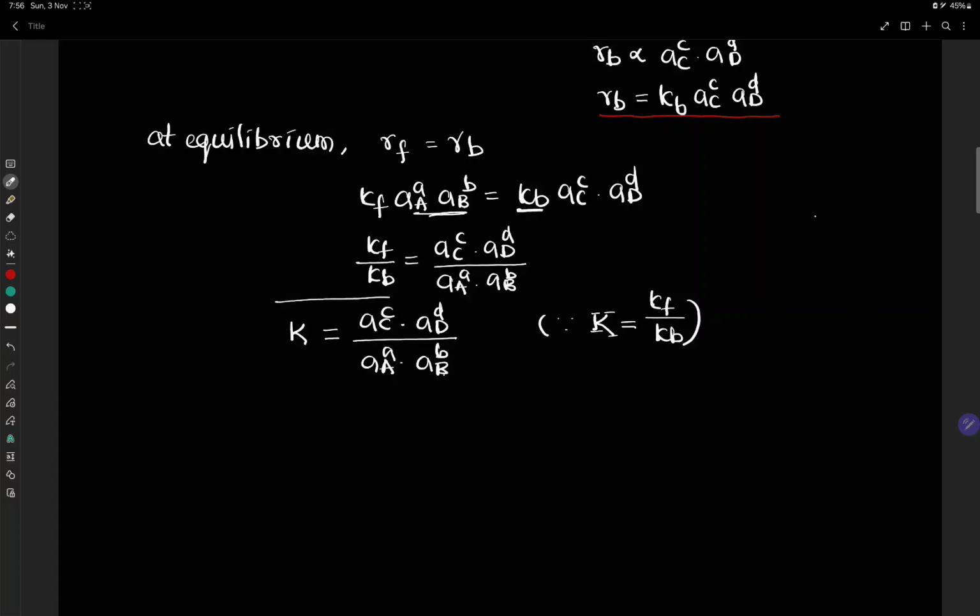This is the equilibrium constant in terms of active masses.